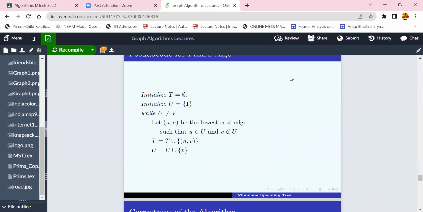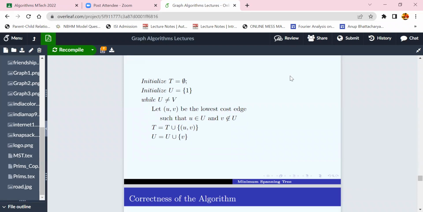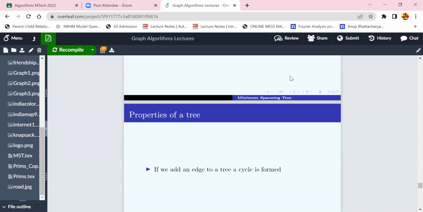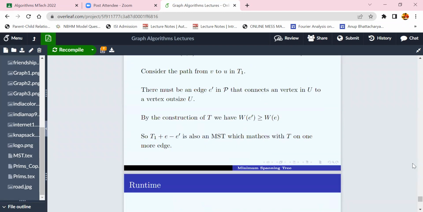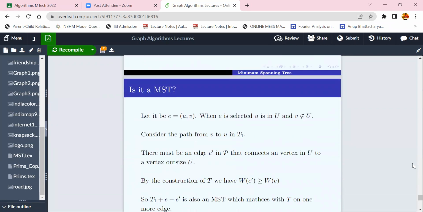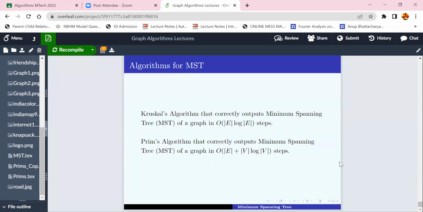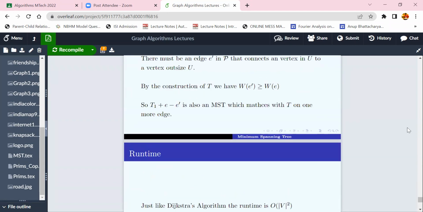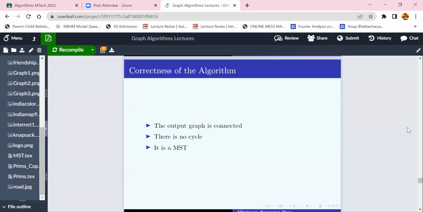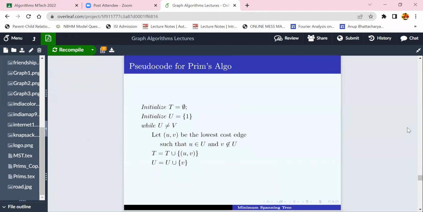So now the runtime. Can you calculate the runtime of the algorithm? This is the pseudocode, and tell me what the runtime is. What do you think?